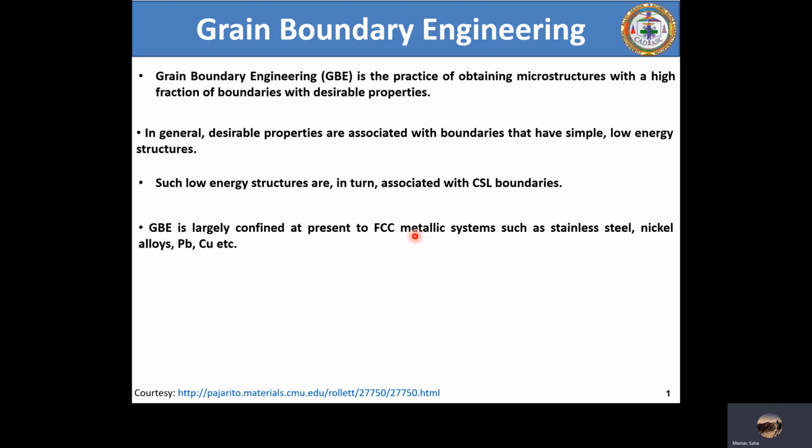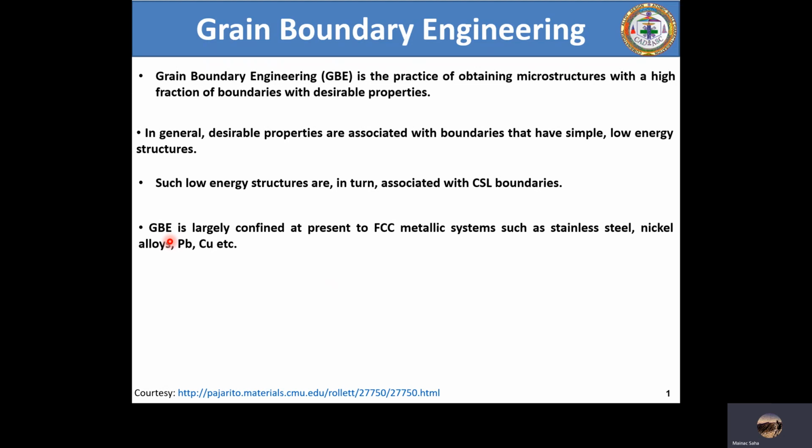As a result, it's very hard to obtain a twin microstructure in the BCC metallic materials. So grain boundary engineering is very hard to employ there. Okay.